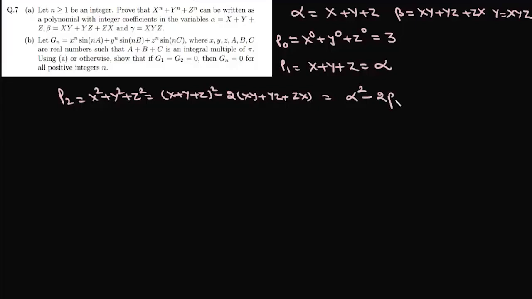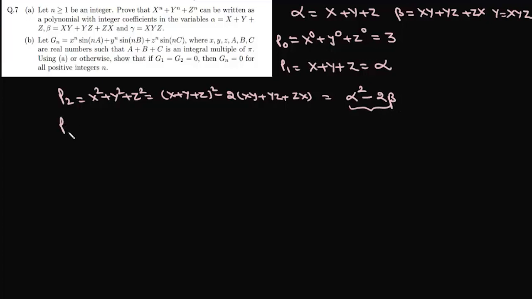Now if we write p2, p2 is x square plus y square plus z square. Now this is x plus y plus z whole square minus 2 times xy plus yz plus zx. Now this is alpha square minus 2 beta, which again is a polynomial function in alpha, beta with integral coefficients.